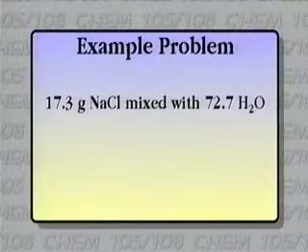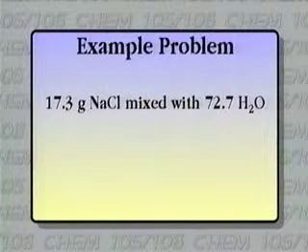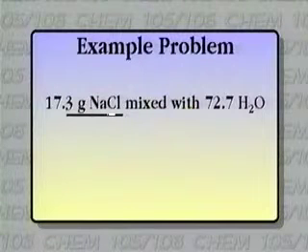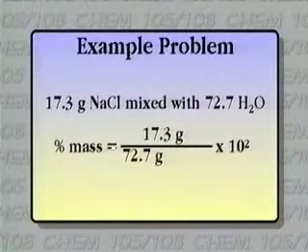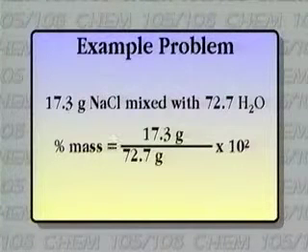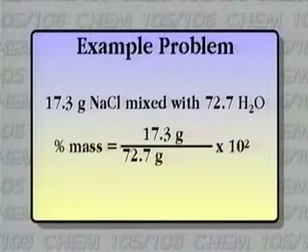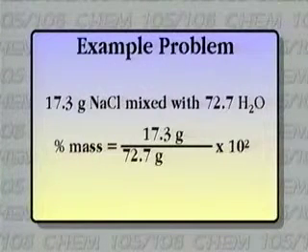So percent by mass would be equal to, obviously, this is my solute. It is the one in the lesser amount. So we have 17.3 grams of solute divided by 72.7 grams times 10 to the second.